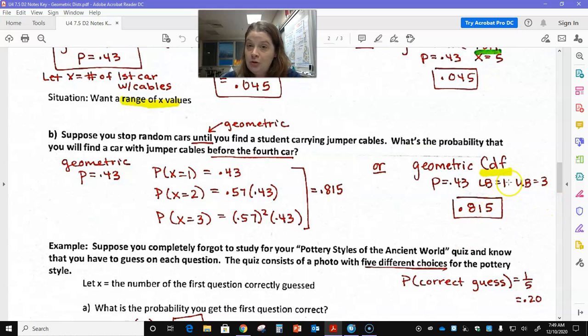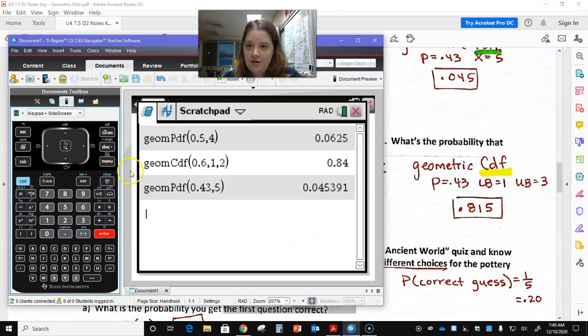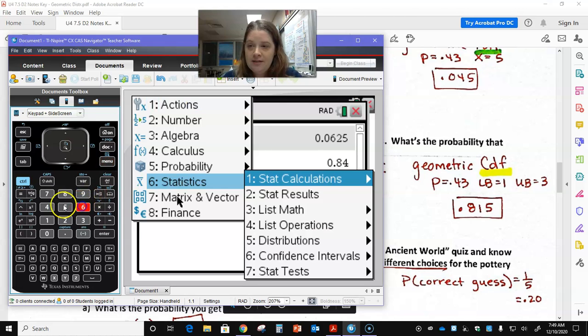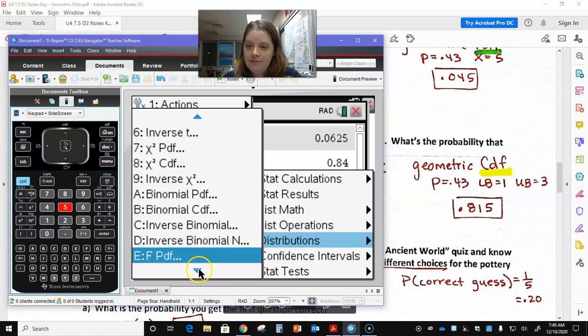Or we could use our cumulative function. In this case, it could be the first car, that's the lowest value of x, or the third car, that's our highest value of x, because it says before the fourth car. So I'm going to go to my handy dandy calculator. Menu, statistics, distributions, and I'm going to find geometric.